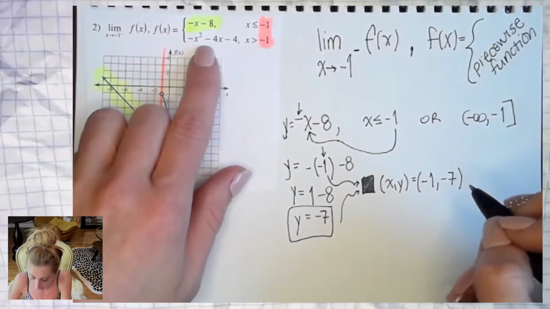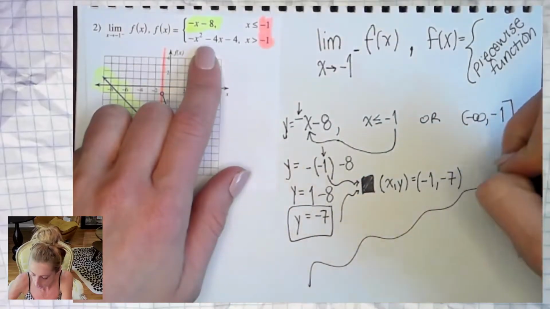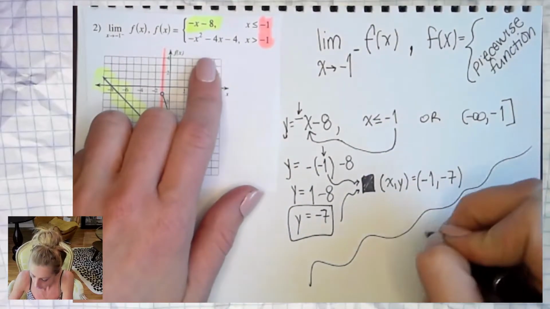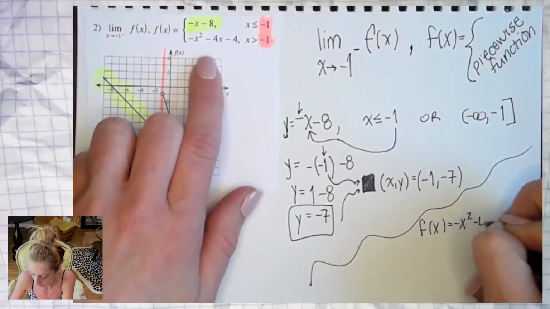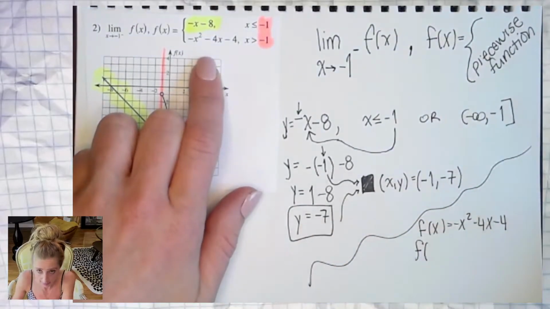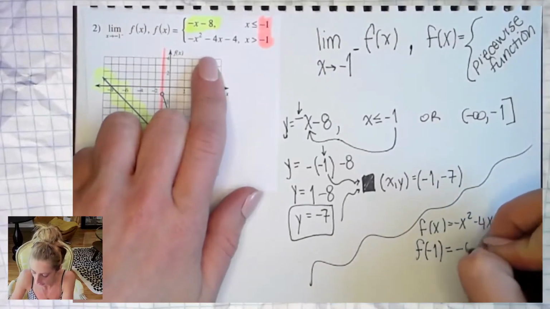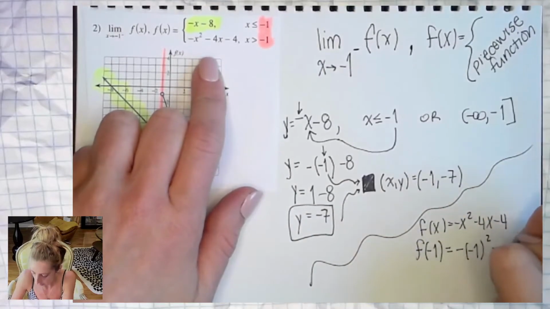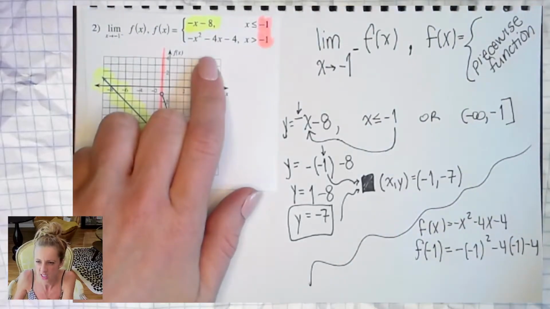Now, the boundary point for this. I told you I don't like the notation with y. Let's talk about why I like f of x better. So if you were looking at f of x equals -x squared minus 4x minus 4, and I am filling in the boundary -1, f of -1 equals -(-1) squared minus 4 times -1 minus 4. I'm squeezing it, but I think you could see it.